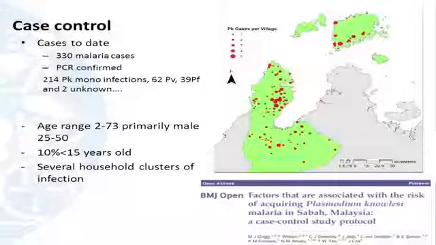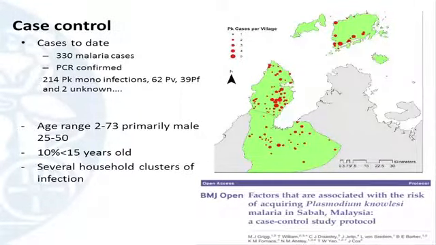But we still have, again, that figure of 10% relatively small individuals, children, and we have several household clusters of infection to suggest that perhaps knowlesi is not just transmitted in that kind of forest environment, but there may be some peri-domestic transmission. The methodology we published for that last year.